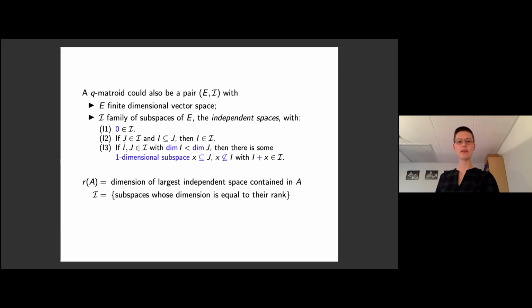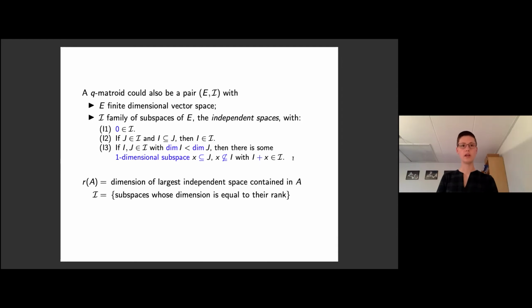And if I take two independent subspaces, and the dimension of one of them is bigger than the dimension of the other, then I can find something in the bigger one, to be precise, a one-dimensional subspace that I call X, that is in the bigger one and not in the smaller one, but if I add it to the smaller one, I get something independent. So this is a straightforward q-analog of the definition of a Matroid in terms of its independent sets.